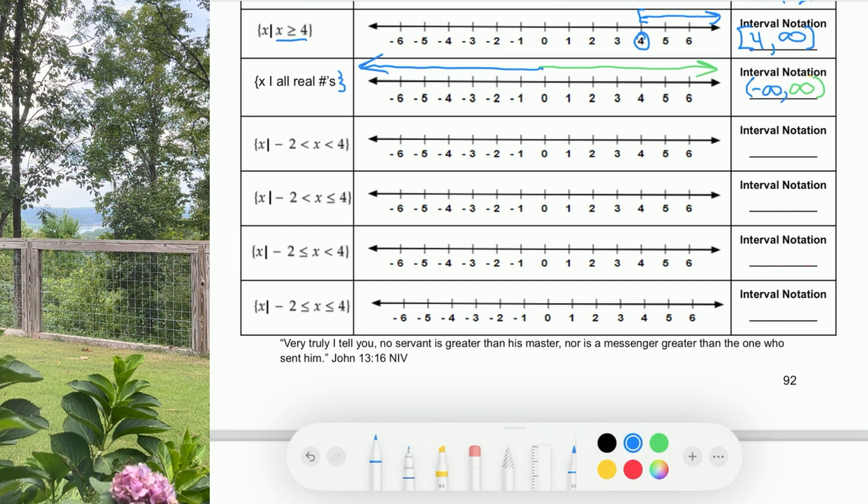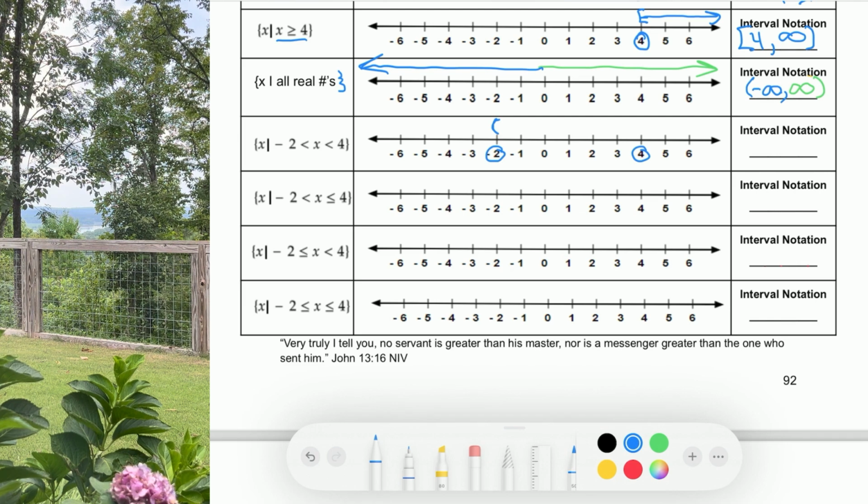So negative 2 is less than X. All right, so I'm going to circle my negative 2. And then X is less than 4. 4 is our other reference here. Is negative 2 included in our solution set? No, it doesn't say less than or equal to. So that means I have a parentheses above it. What about the 4?